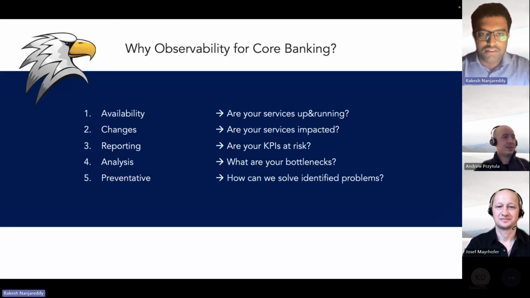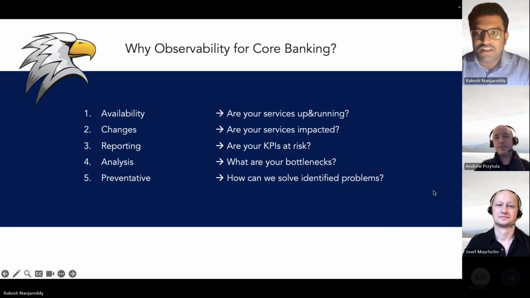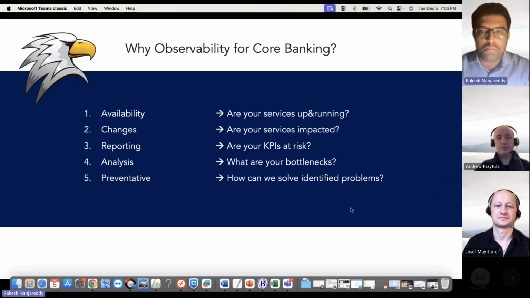So let's see why observability for core banking is important. Before going for a fine-tuning exercise in T24 or any core banking system, we should observe everything and monitor what's happening in it. First thing is availability. Are your services up and running? We need to check that.